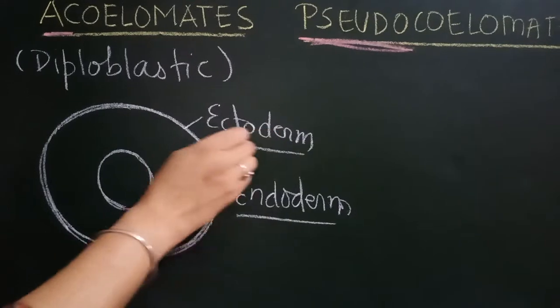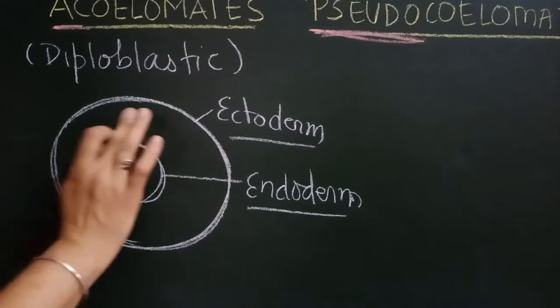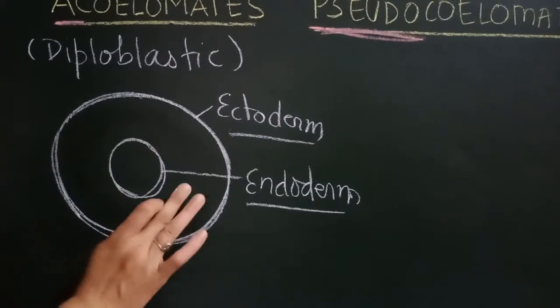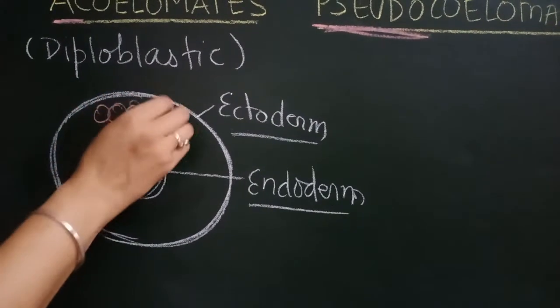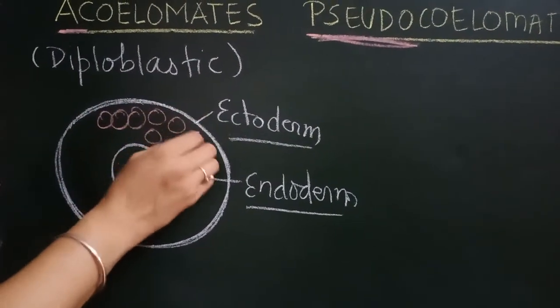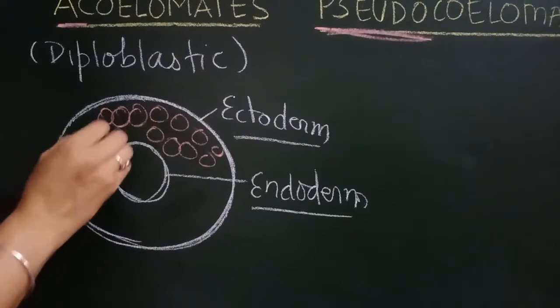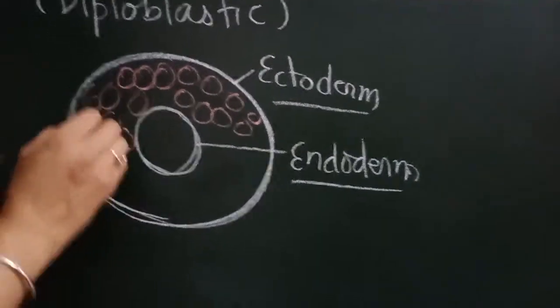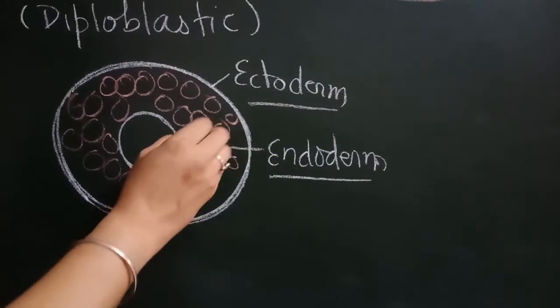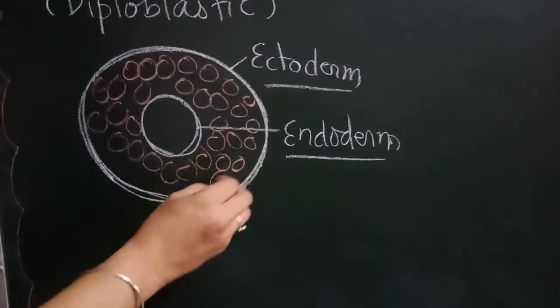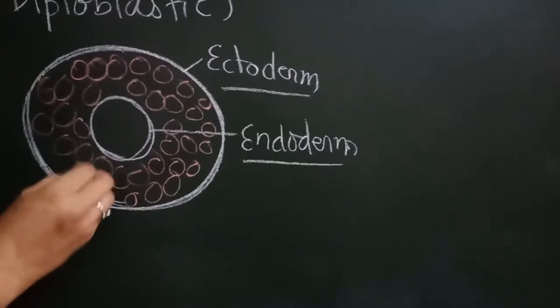Only two germinal layers are there, and the space in between them is filled with a tissue. A tissue completely occupies the space which is present in between the two germinal layers. So this type of arrangement leaves no space.